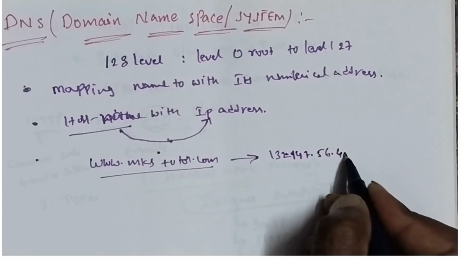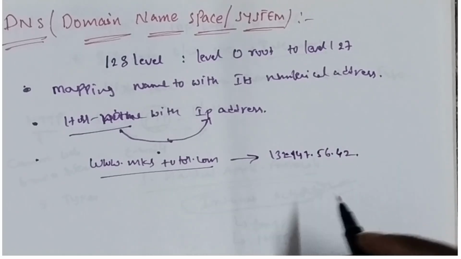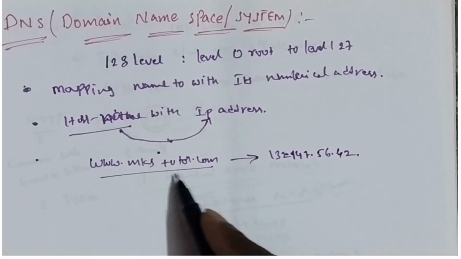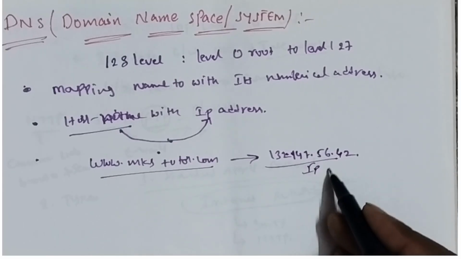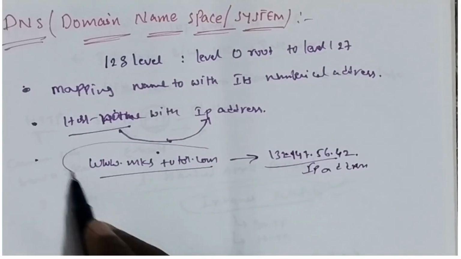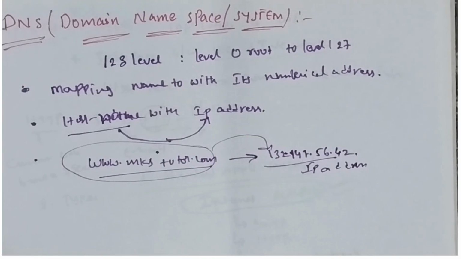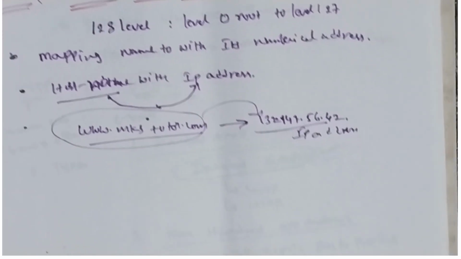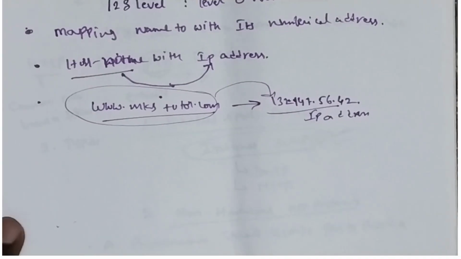Assume this is for a website: this is the host name, and this is the IP address. What is the duty of DNS? DNS converts this host name into an IP address. Here, a domain name is more reliable than an IP address. DNS is a TCP protocol used on different applications and different platforms.